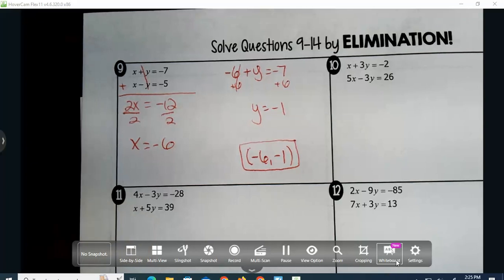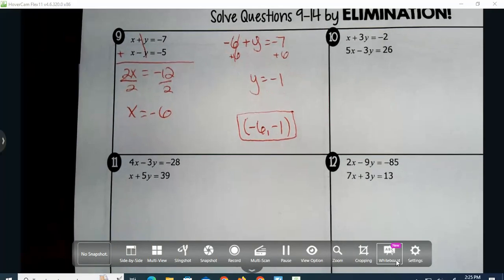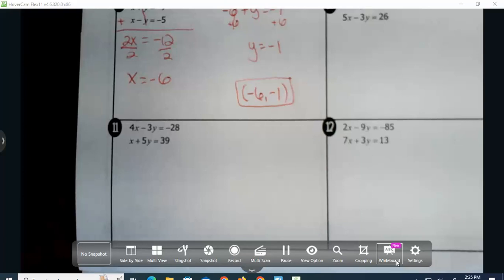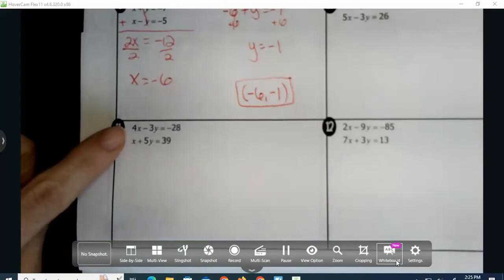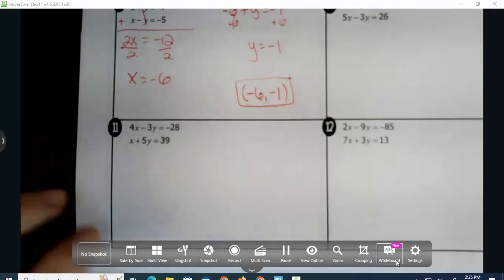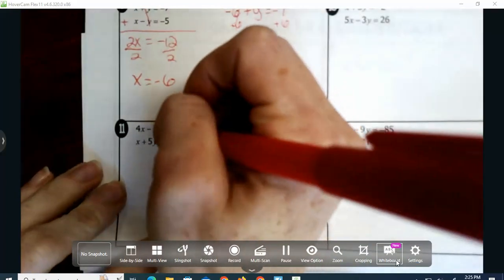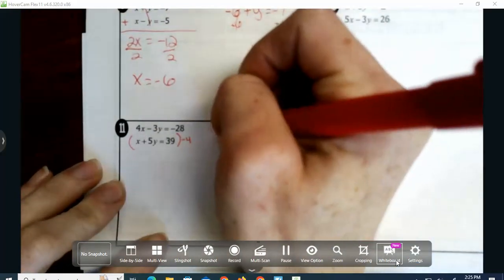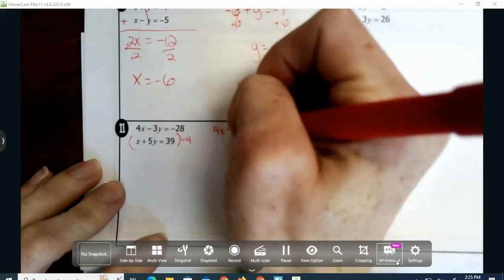I want to do 11. How would I solve that one with elimination? Okay, probably be easier to eliminate the x. We need them to be the same number, but one positive and one negative. So we're going to have to take the second equation times negative 4. So the first one didn't change.